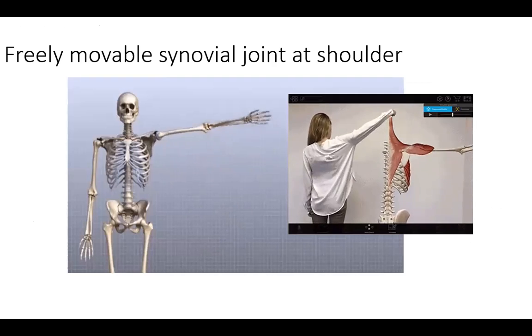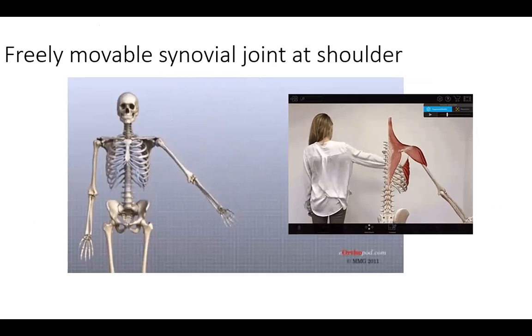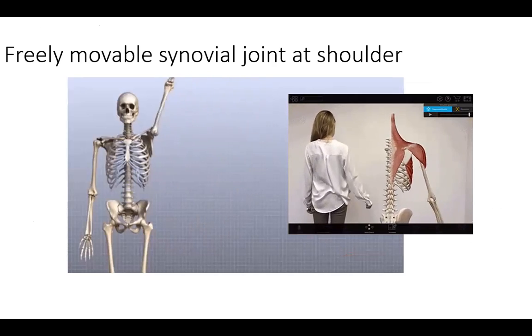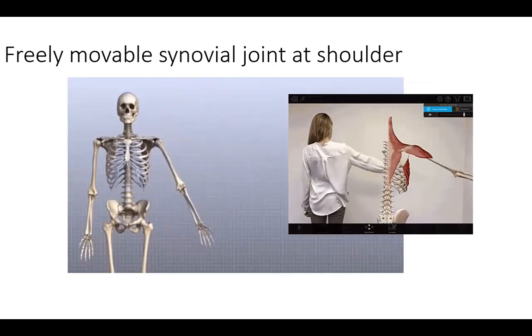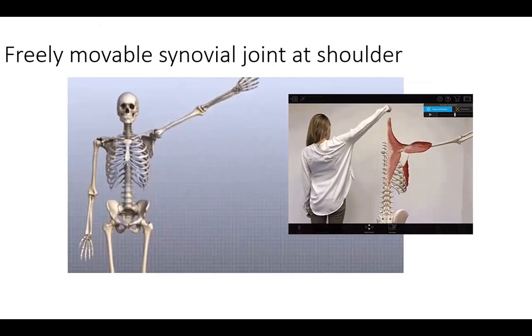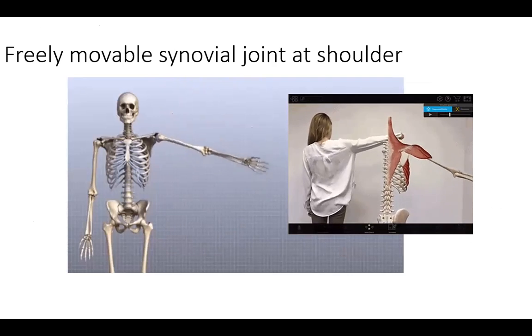For example, here is a synovial joint at our shoulder, showing some of the range of flexibility that we can move here. And if you look at the illustration on the right with the muscles in place, you can see just which muscles are involved with this kind of motion.